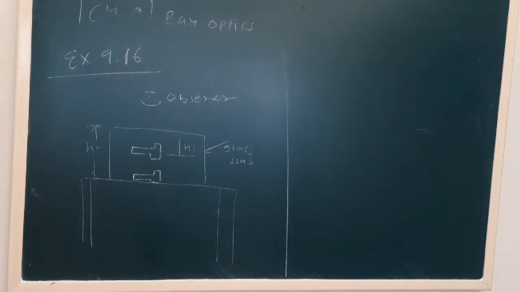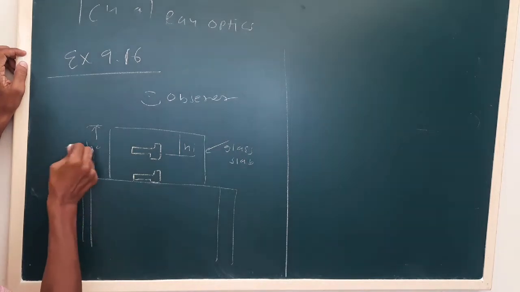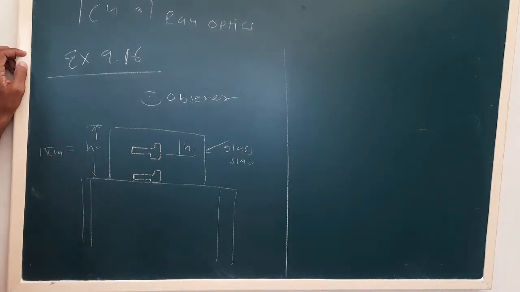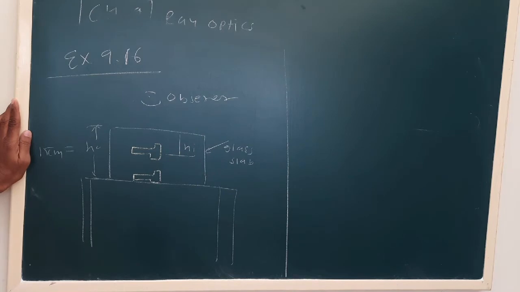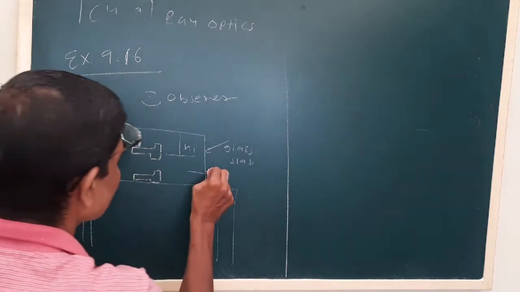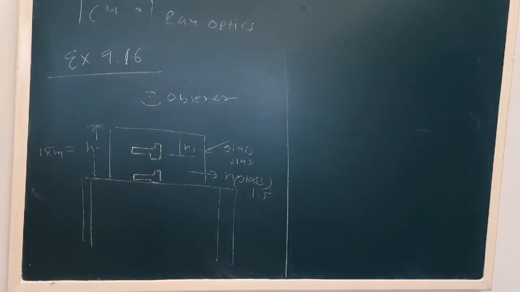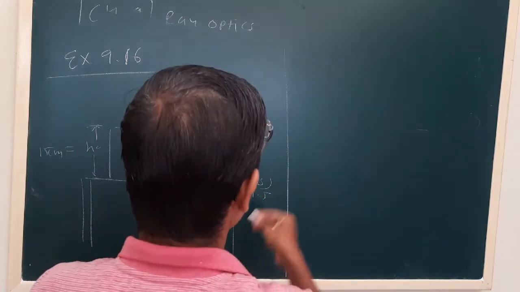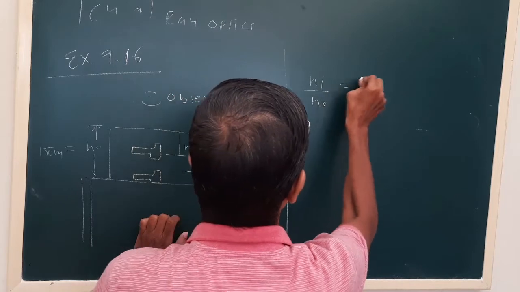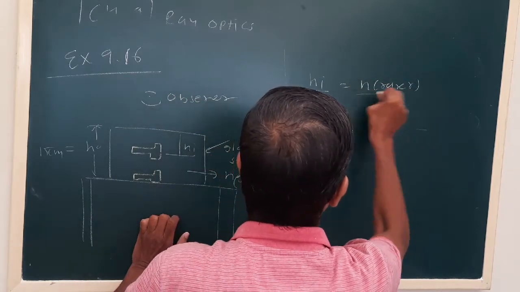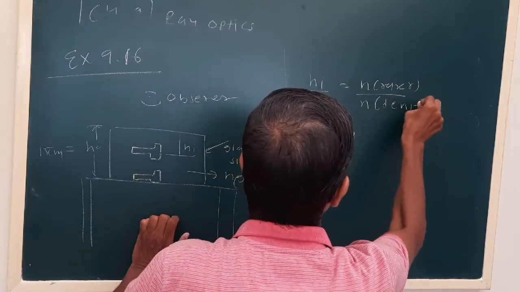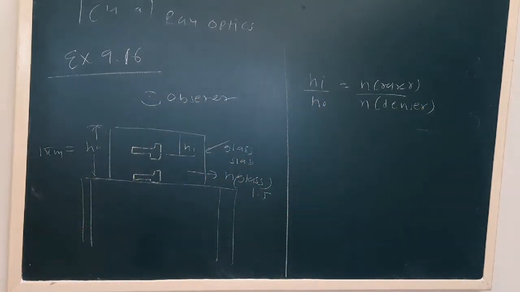Now see, the thickness of the glass slab is 15 centimeter. We have to find out how much the image is shifted. Now the refractive index of the glass is 1.5. We can use the formula HI upon HO equals n rarer upon n denser.